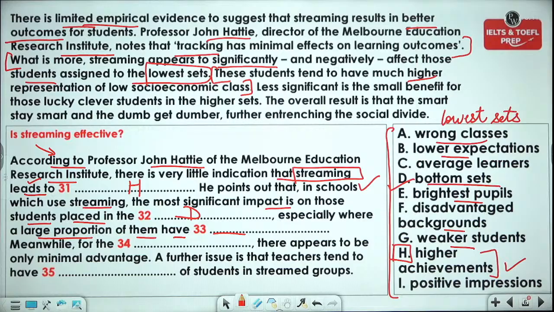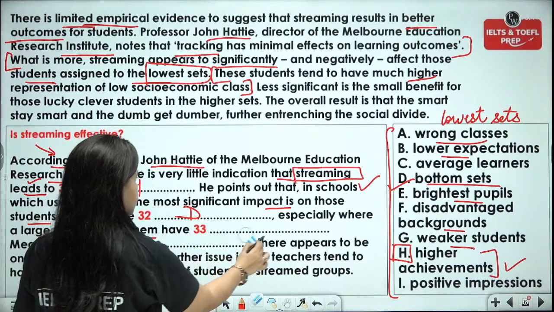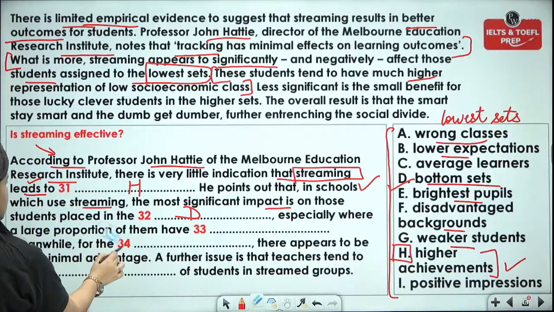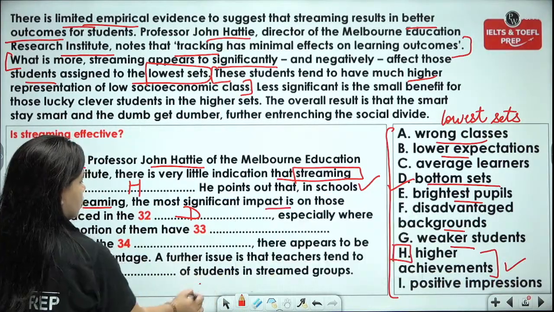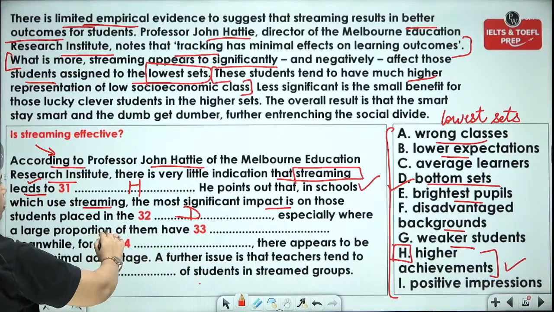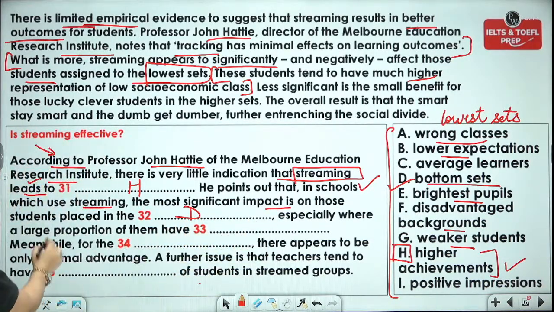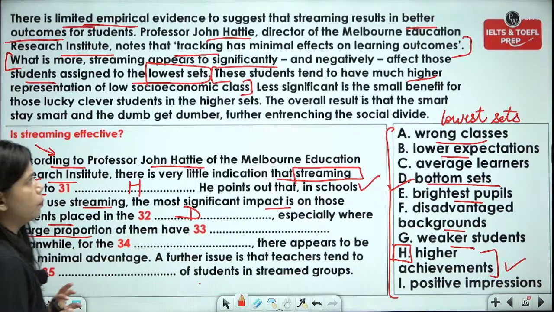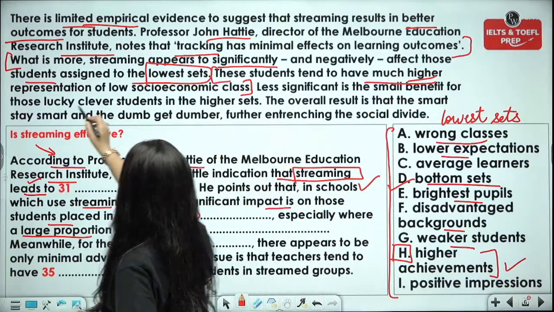All right, let's understand. Let me clear the mess first. Right. So, according to Professor Hattie, the most significant impact of streaming is on students who are placed in bottom sets, especially where a large proportion means where a much higher representation.